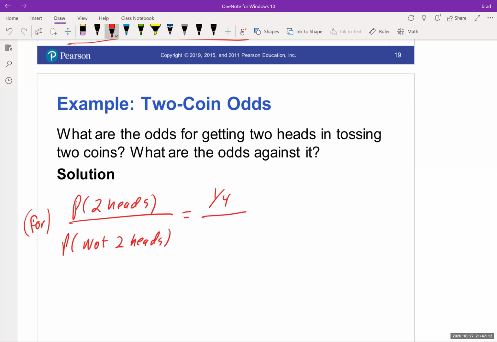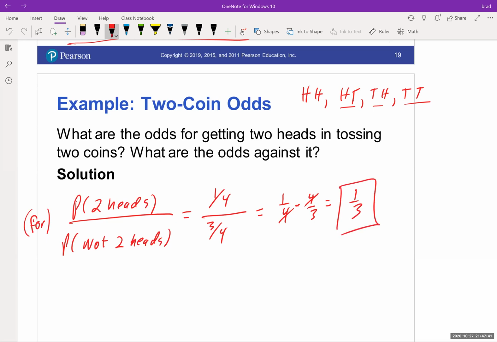And for the probability of not getting 2 heads, remember there was heads-heads, heads-tails, tails-heads, or tails-tails. How many of those events do not have 2 heads? This one doesn't, this one doesn't, and that one doesn't. So there's 3 out of 4. That means that when we divide, we turn it into the reciprocal, and we get 1/3. All right, so that's the odds for.